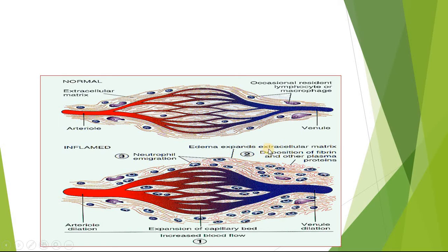There is leaking of fluid, and leaking of fluid ultimately leads to cellular stasis, and cellular stasis causes cell emigration, and subsequently the next event starts in the venules.